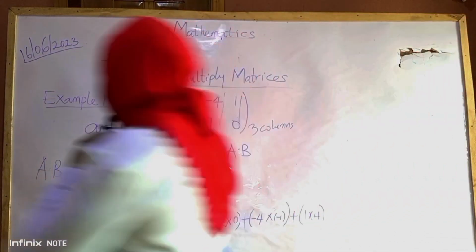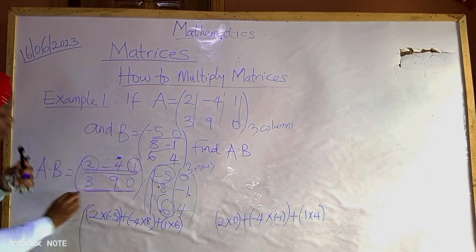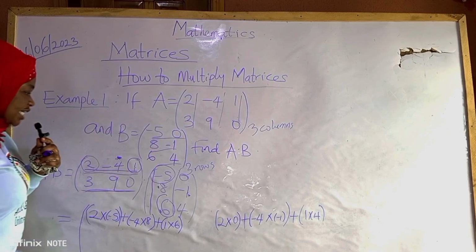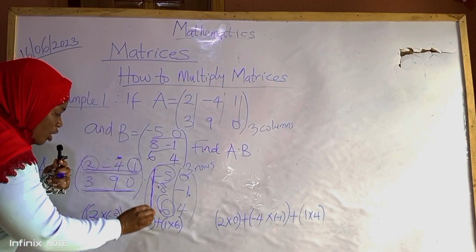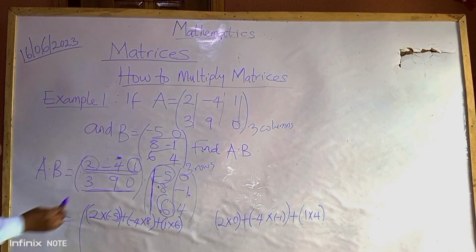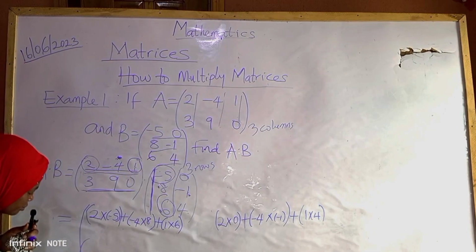The next thing is that I'll go to the second row of the first matrix, which is 3, 9, 0. Then I'm multiplying it by the first column of the second matrix. The first thing is that I'm multiplying 3 by minus 5.